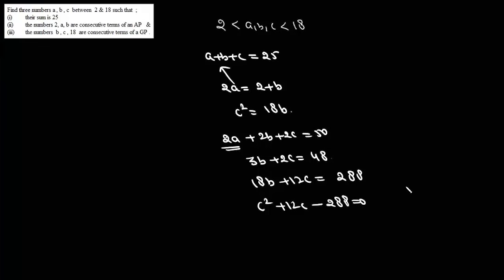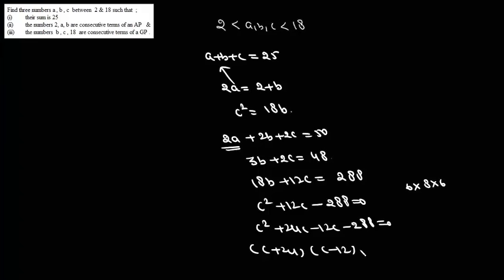Now 288 is 6 into 48, which is 6 into 8 into 6. So we can write this as C square plus 24C minus 12C minus 288 equals 0. So from here we get C plus 24 and C minus 12 equals 0. So the only positive value of C in this case is C equals 12, as A, B, C lie between 2 and 18.